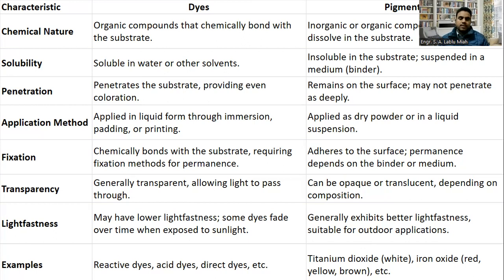Sometimes we use dyes, or sometimes we use pigments. Basically, if you dye with pigment, or make the color with pigment, you will get more brightness in the textile material. I mean, you will get more lustrous properties if you dye with pigments than with dyes.